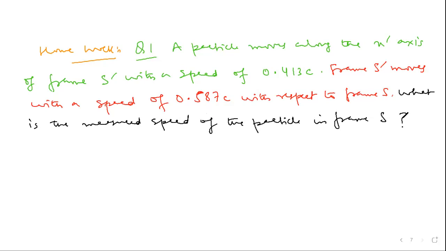Repeat the question. A particle moves along the x prime axis of frame S prime with a speed of 0.413 c. Frame S prime moves with a speed of 0.587 c. With respect to frame S, what is the measured speed of the particle in frame S?